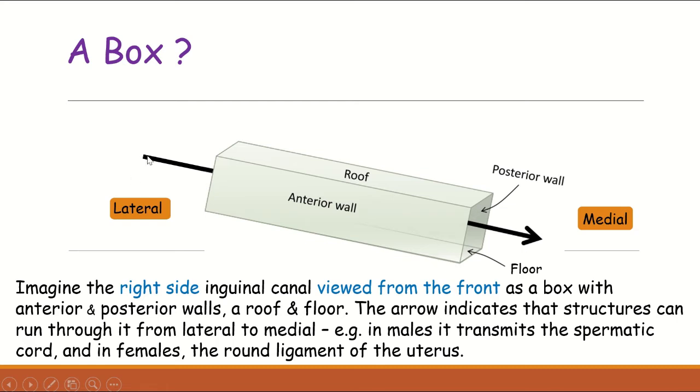The arrow indicates that structures can run through this inguinal canal from the lateral side to the medial side, and the space inside the box is the inguinal canal. Through this space the spermatic cord in males and the round ligament of the uterus in females pass. The inguinal canal can be represented as a box in a very simple way.